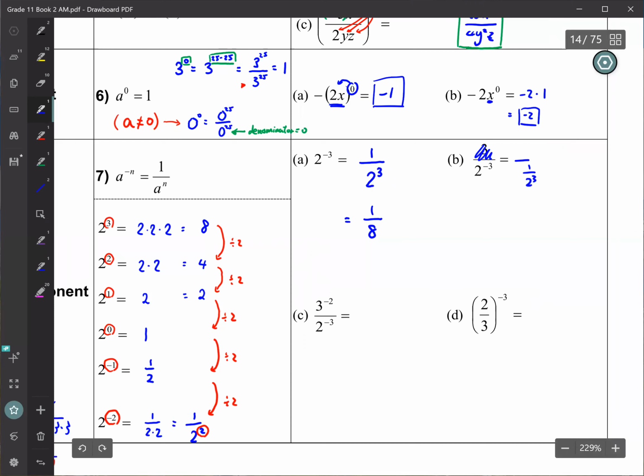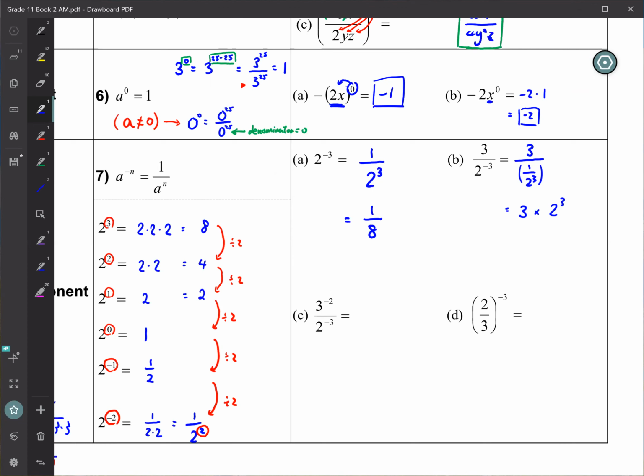But then on the top, there should be a 3 up there. So the denominator has a fraction there. When you divide by a fraction like that, you need to multiply the reciprocal. So it'll be 2 to the 3.